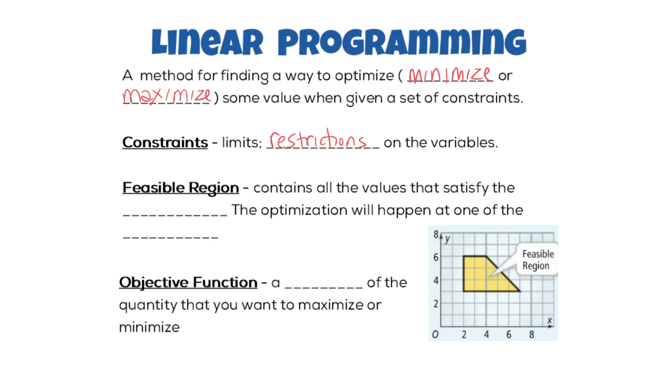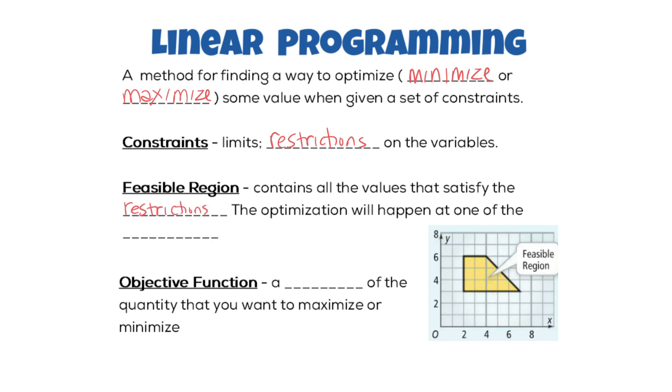And once you shade and shade and shade, you're looking for that double or triple shaded area, really maybe the quadruple shaded area. And it's going to look something like this right here. And the feasible region is the double, triple, quadruple shaded area, and it contains all the values that satisfy your restrictions.